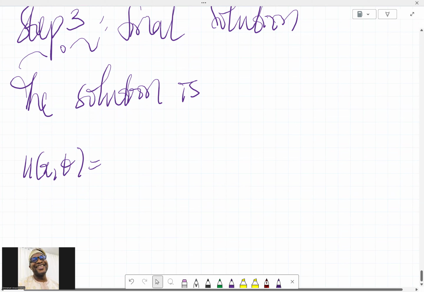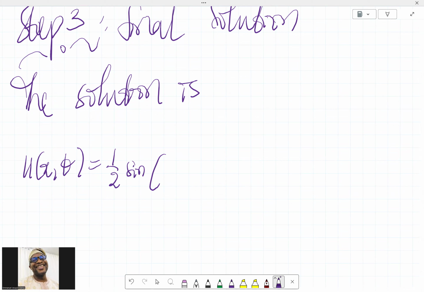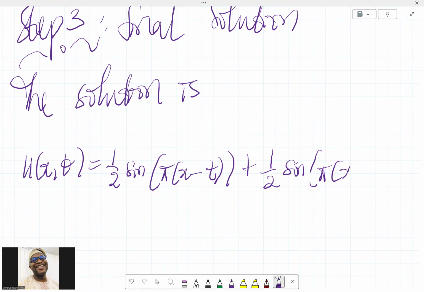So that means we just have half sine pi x minus t, plus half sine pi into x plus t.